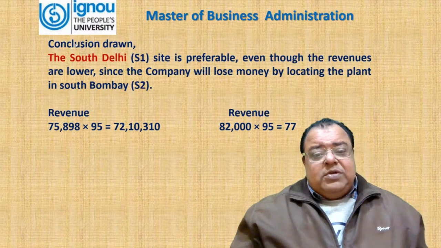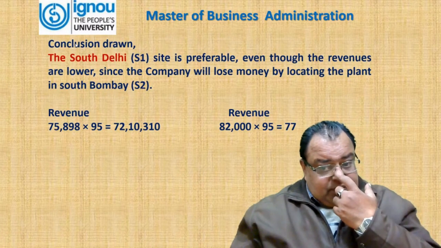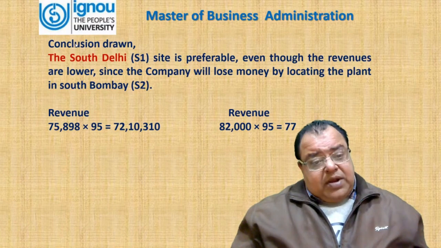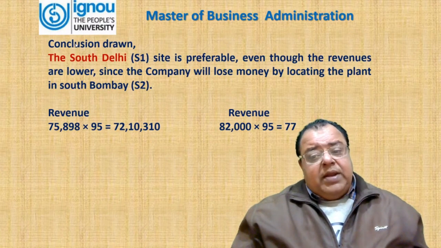Now, how is the conclusion drawn? The South Delhi site is preferable, even though the revenues are lower. Hence, the company will lose money while locating the plant in Bombay.